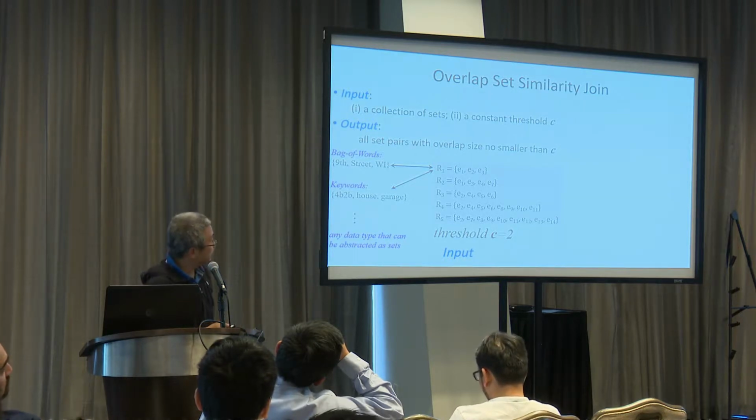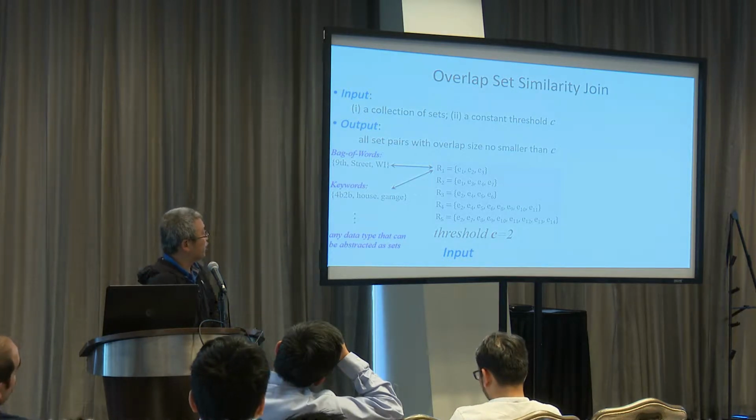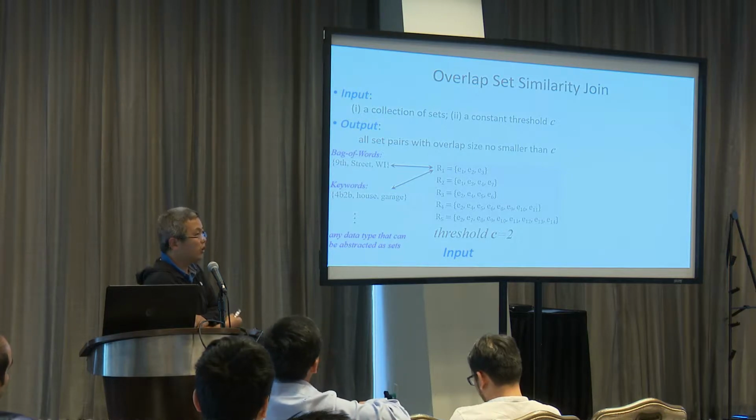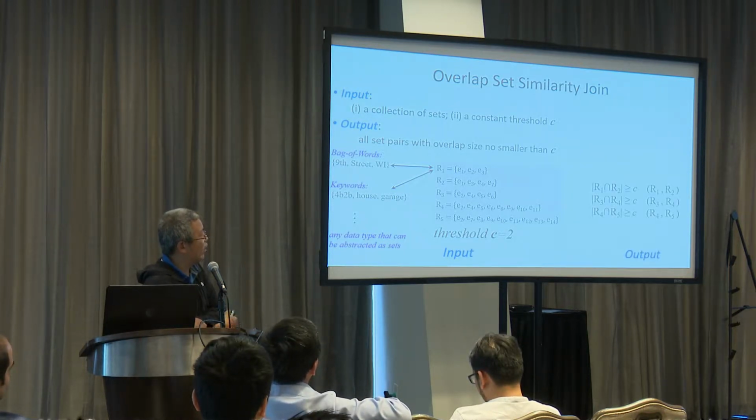Suppose the threshold is 2, and we want to find the pairs of sets that share at least 2 common elements. In this example, we have 3 results. For example, R1 and R2 share 2 common elements. So this is the problem.